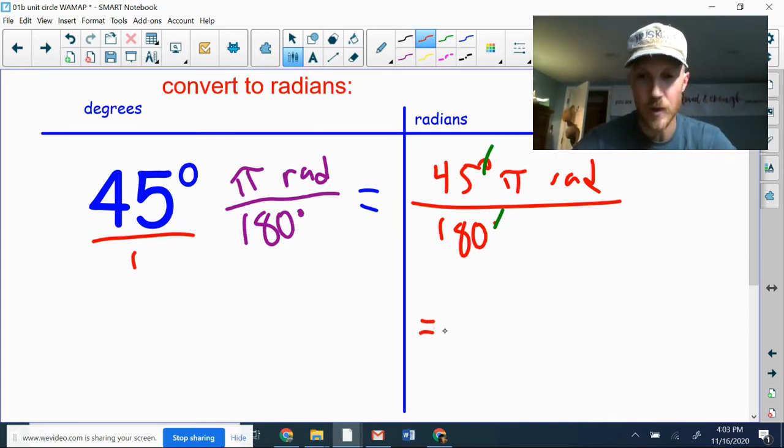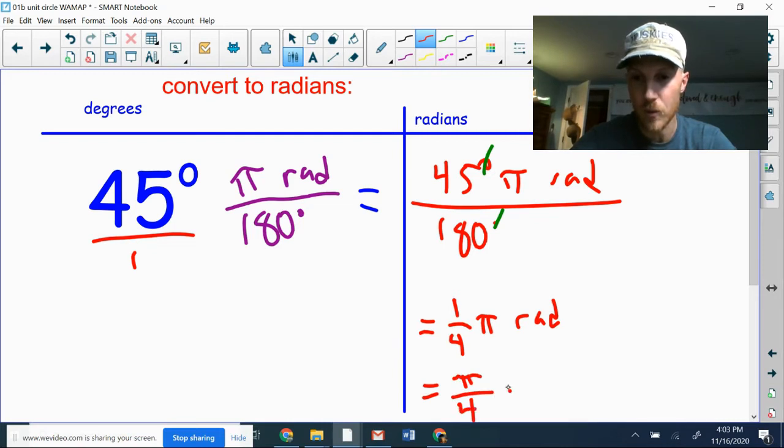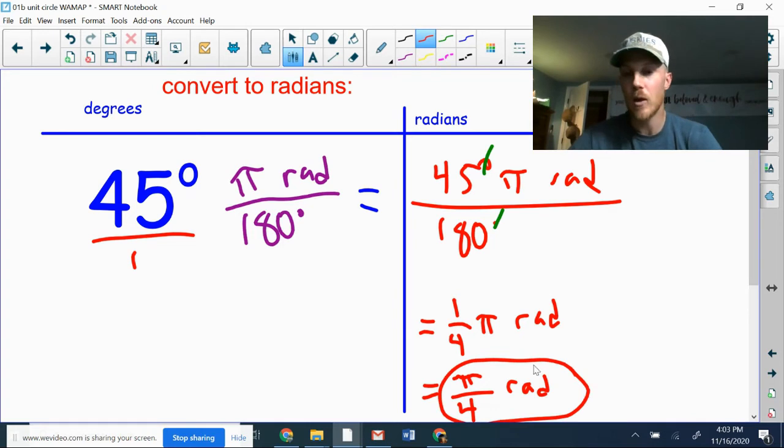I know that 45 goes into 180 four times, so this is like 1/4. So you could write 1/4 pi radians if you wanted to. You could write pi over 4 radians. Both are equivalent.